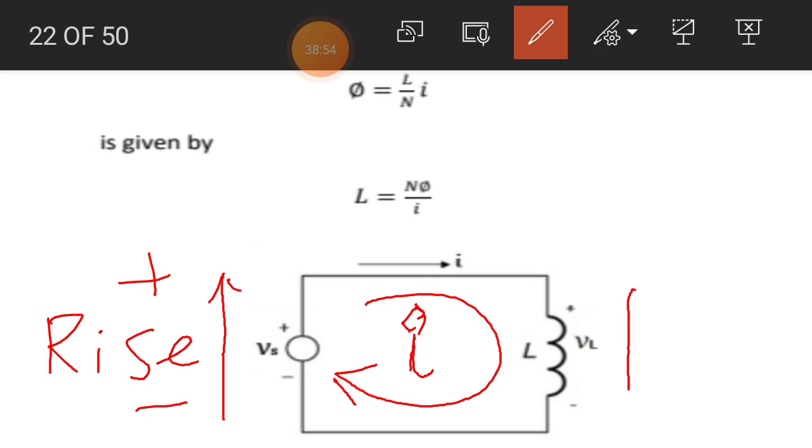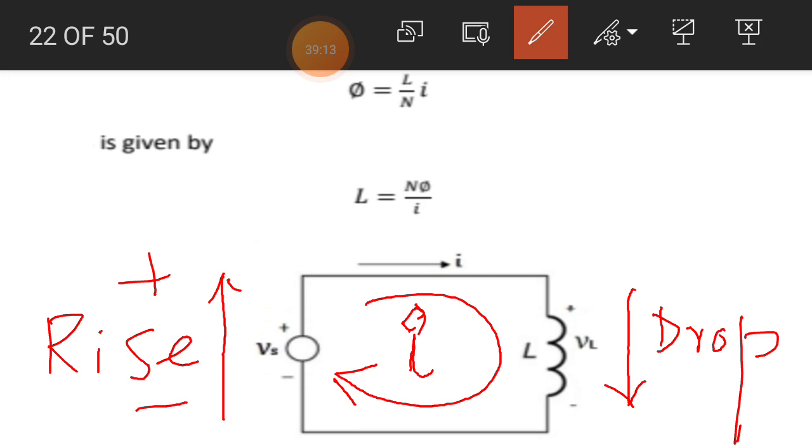The voltage across the inductor is a drop, because the same current flows from the plus polarity of this voltage towards the minus polarity.